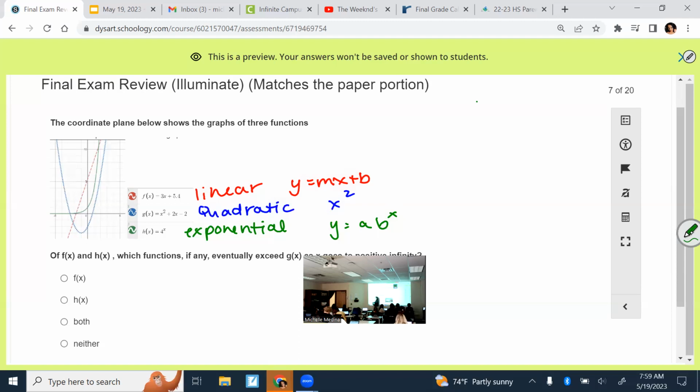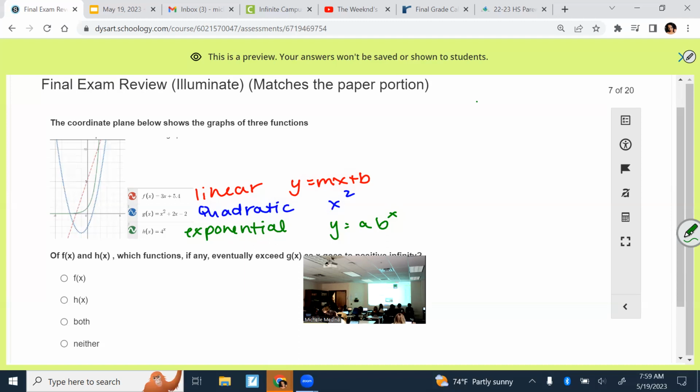So positive infinity is what direction? Up, and then to the right. It kind of doesn't really specify on the x or y. I would think x because it has the x there, but not really sure. But yeah, as it's going up and to the right, do you think that the linear would exceed it?